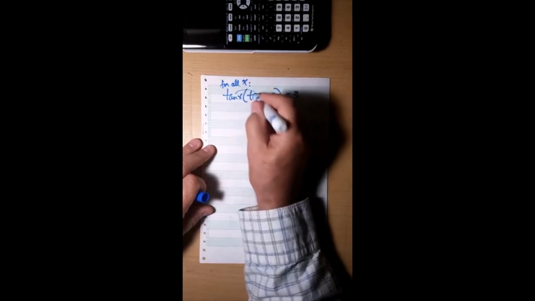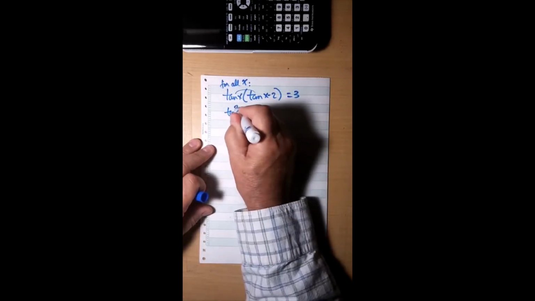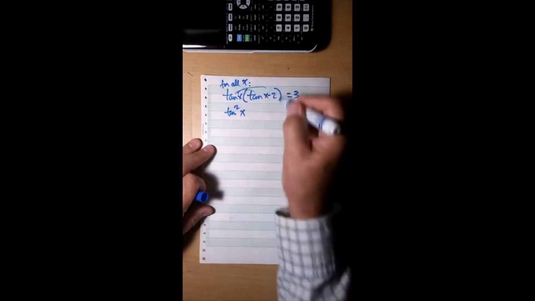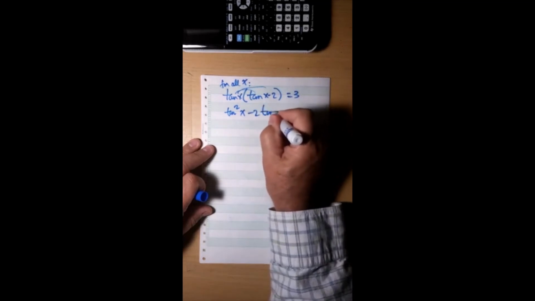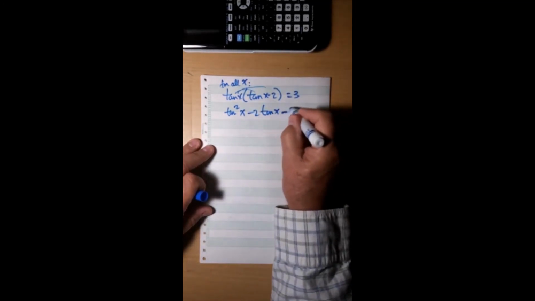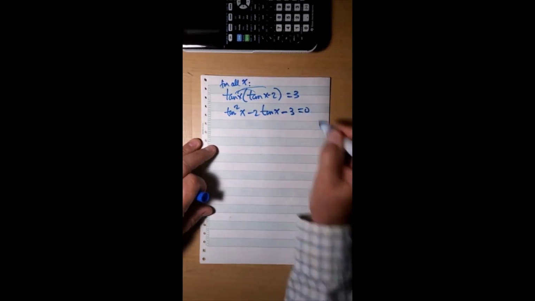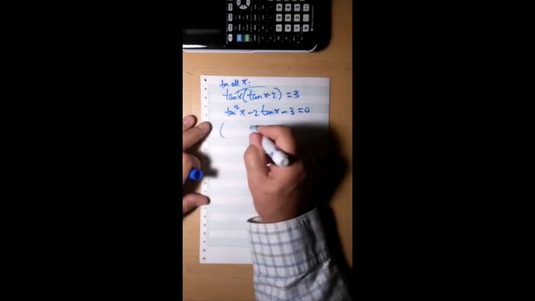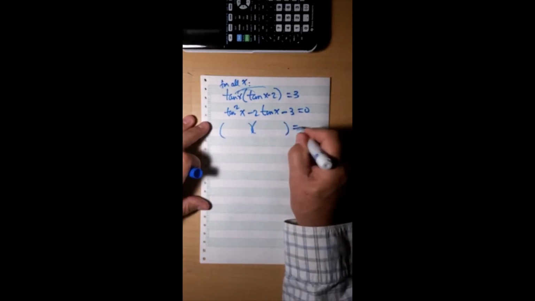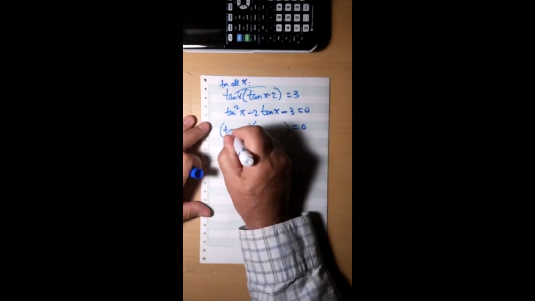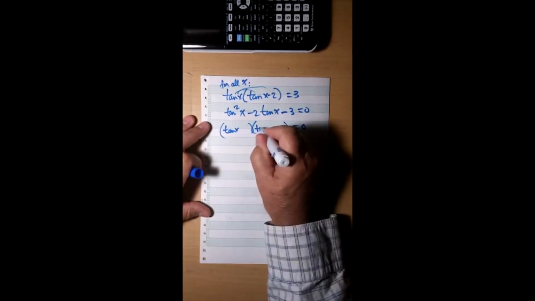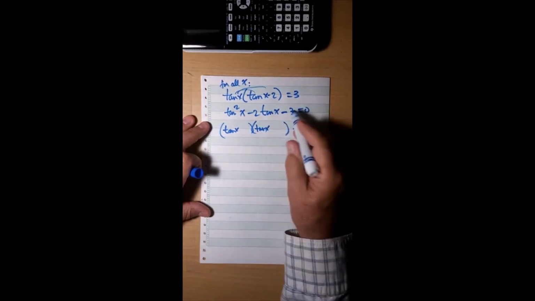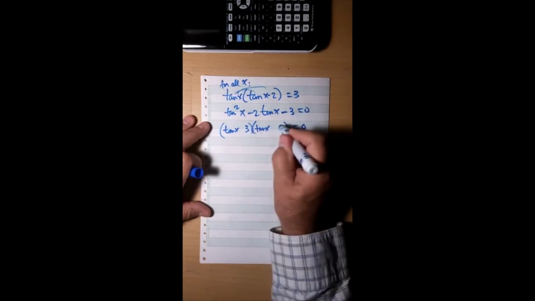So you've got to distribute this. Tangent squared x minus 2 tangent x, and bring that 3 over, subtract 3 from both sides, so you can have it equal to 0. And then see if you can factor. In this case, we can. So tangent x times tangent x is tangent squared. 3 times 1 is the only way to get 3.